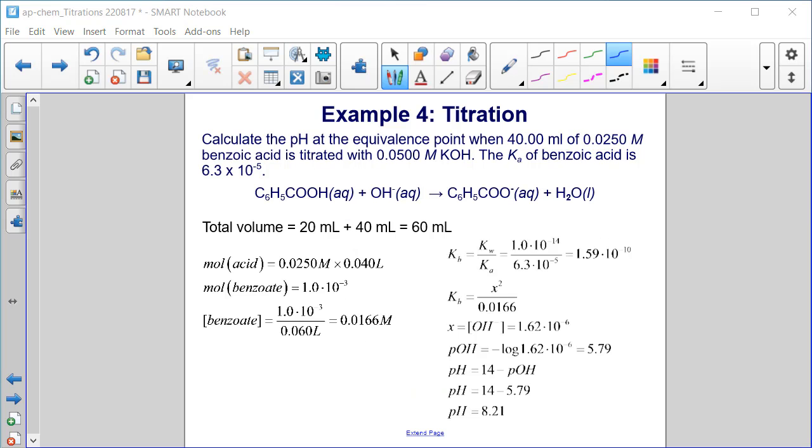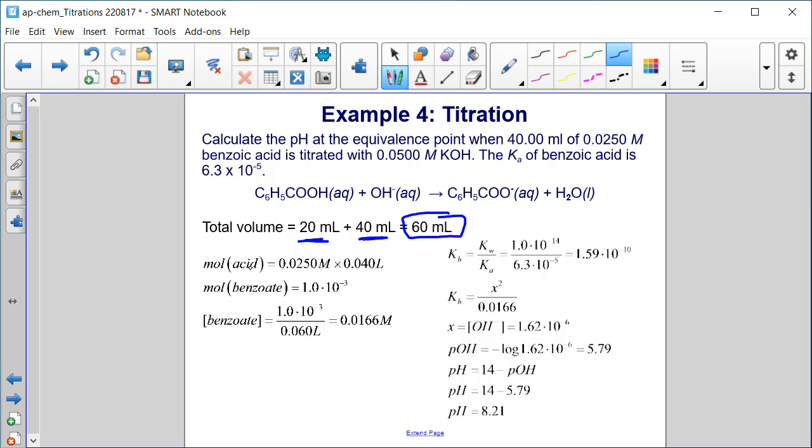That's important because we need to know what the total volume of the solution is. So if we start with 40 milliliters of benzoic acid and we add 20 milliliters of potassium hydroxide to get to the equivalence point, at that equivalence point we have a total volume of 60 milliliters. We need that to calculate the concentrations at the equivalence point.